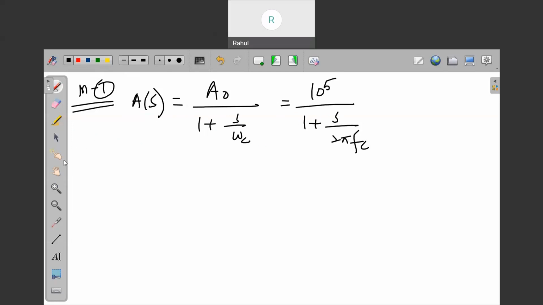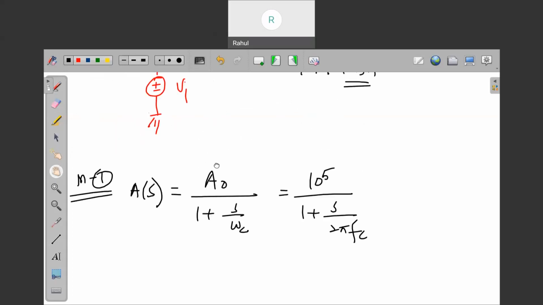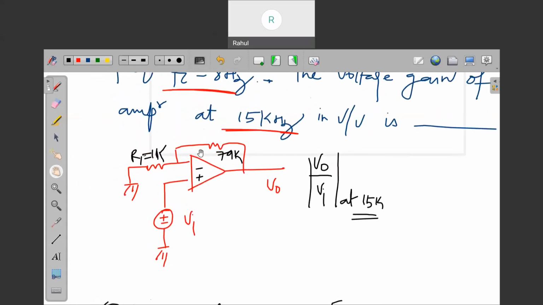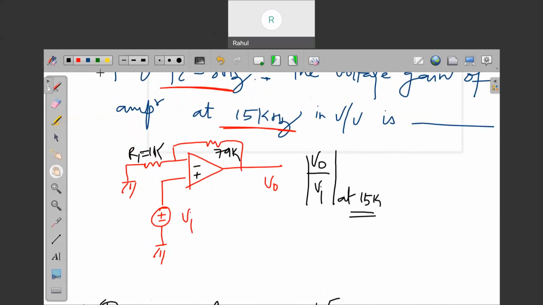And from the given op-amp, you can find the gain. From the given op-amp, you can find what the beta shall be here. What can be the beta here? This is V minus. Beta is the feedback factor.